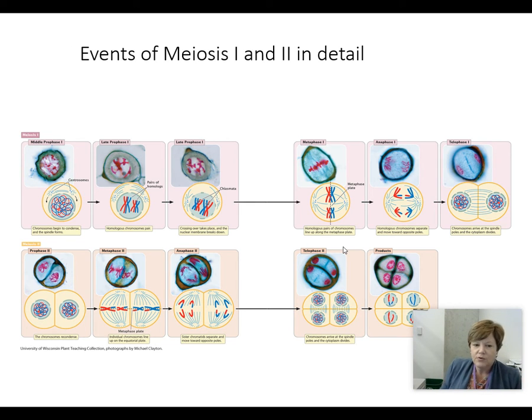Meiosis 2 is a lot more like mitosis, in that you start with a cell that has, say, 2 chromosomes. You end with 2 cells that have 2 chromosomes each. And so it's not that different than the way that the chromosomes are separated during mitosis.